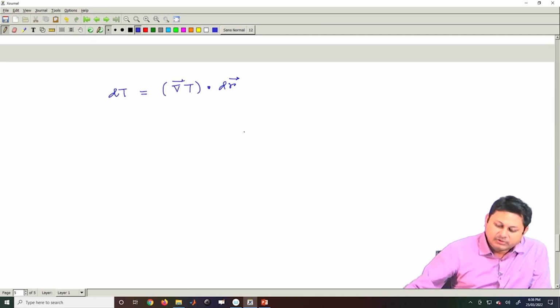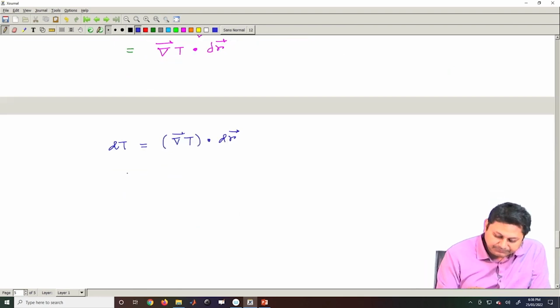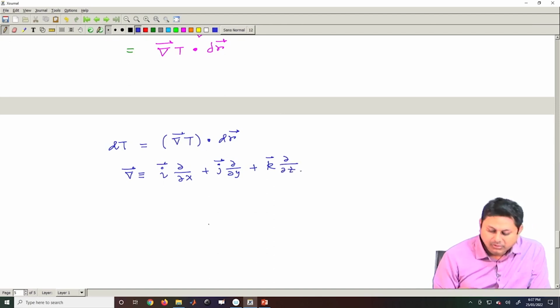So, this operator, if I now compare with this full expression, one can write this operator in this way. This is a very unique kind of operator. This is called the vector operator, associated with the partial derivative, but with a vector sign. This operator is called the del operator.